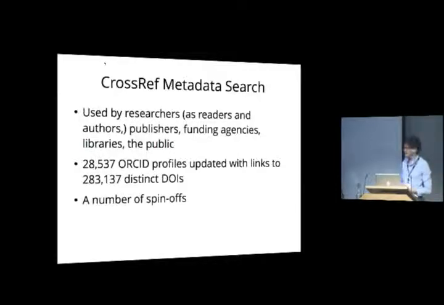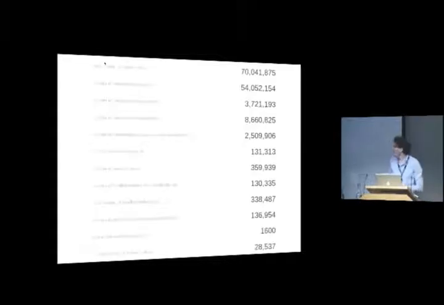I think we've had just under 30,000 people do that, and we've added about 300,000 unique DOIs to ORCID profiles. So that probably represents many more links between DOIs and ORCIDs, because obviously, papers tend to have more than one author. And the tool itself has inspired a number of spin-offs, so I'll explain that in a minute.